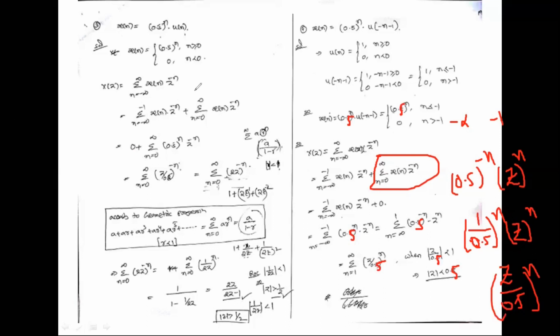Substituting in the formula we have for a^n, the sum from n equals n1 to n2, where n1 is 1 here.